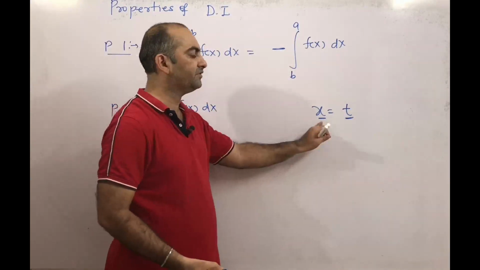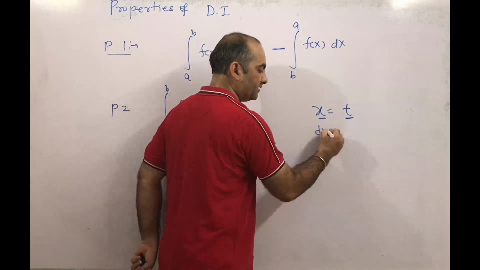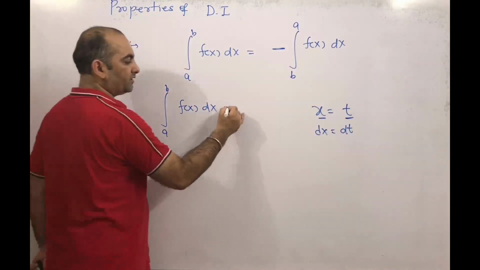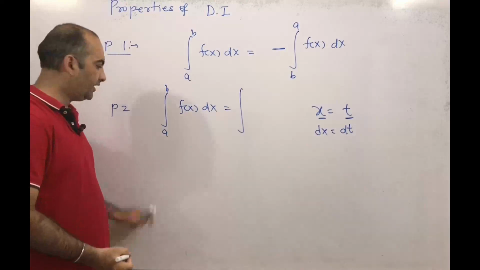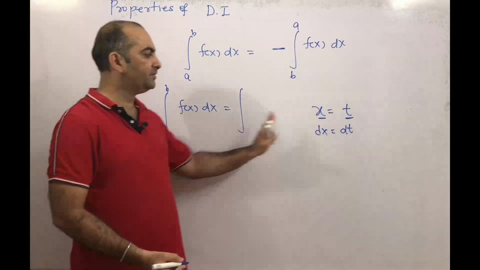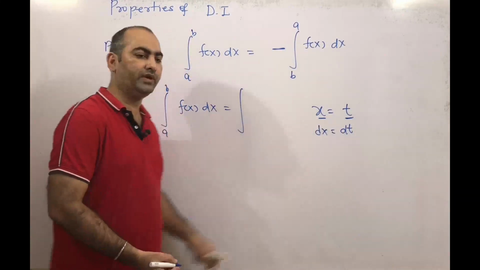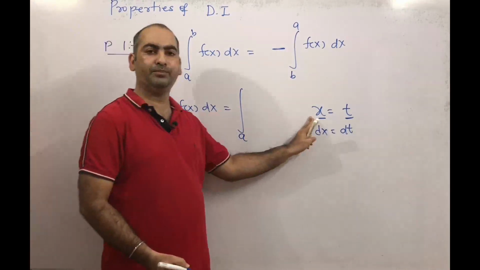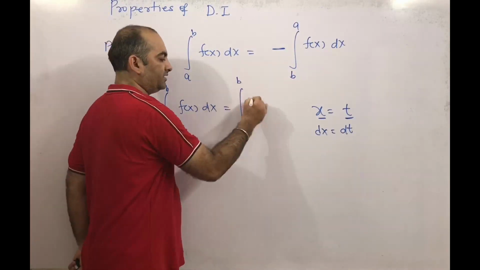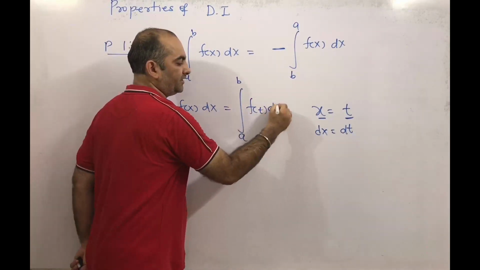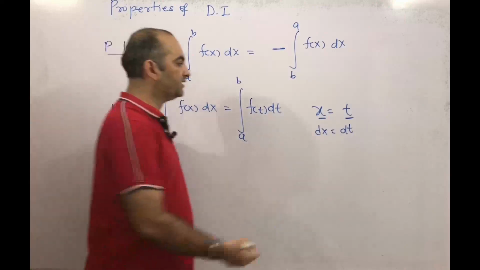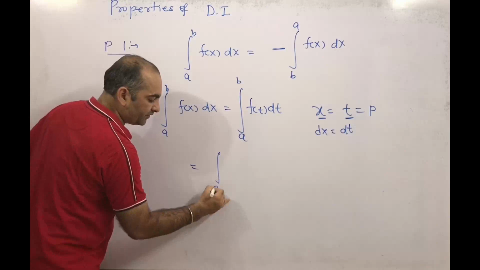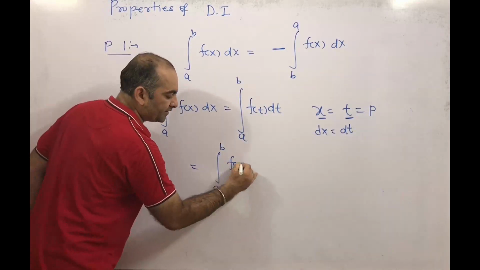So if I put t instead of x, dx becomes dt. Since the x limit is a, t equals a, so the lower limit of t is a. Similarly, the upper limit is b, so the t value is b. This will be the integration from a to b of f(t) dt. Similarly, if I put x equal to p, we can write the integration from a to b of f(p) dp.